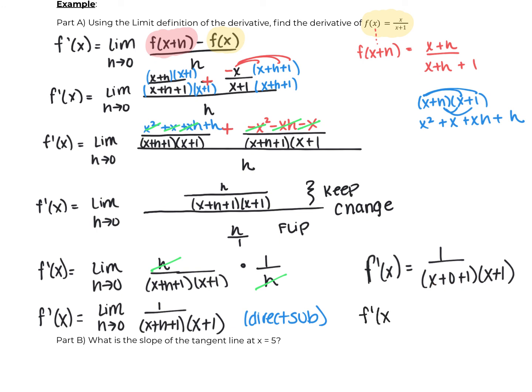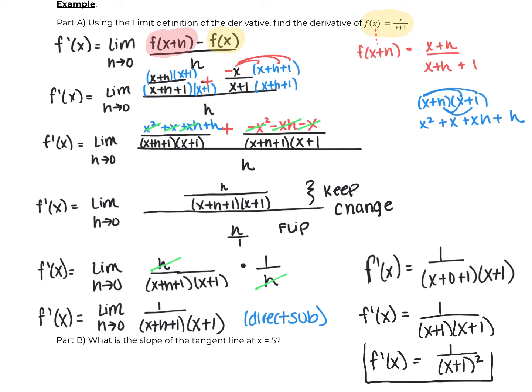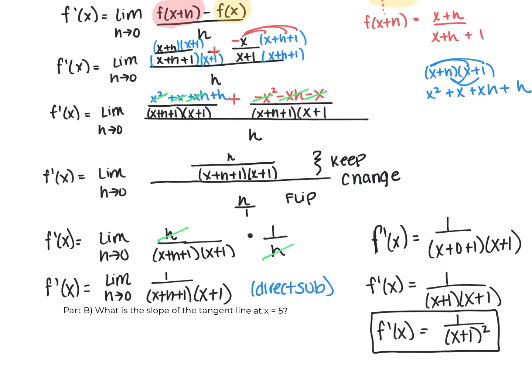So we have f prime of x, which is equal to 1 over x plus 1 times x plus 1. And if you want to get fancy, you can write it as f prime of x is equal to 1 over x plus 1 squared. And that is my derivative. And this will give us the slope of the tangent line at any given x value.